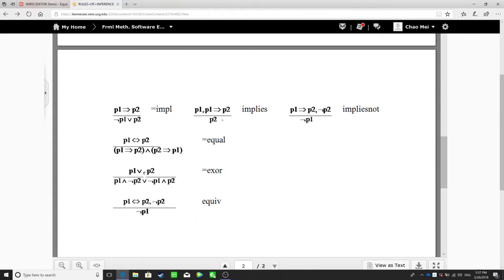Okay, let's go back to what we were doing. P1 implies P2 equals negation P1 or P2. That's a quite frequently used rule for us to get rid of that implication symbol.